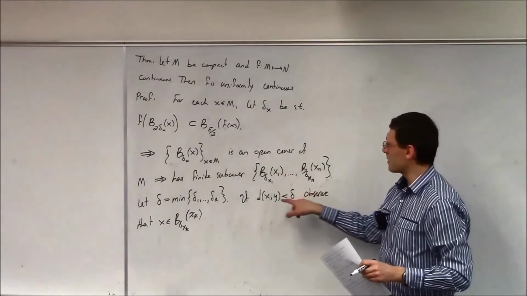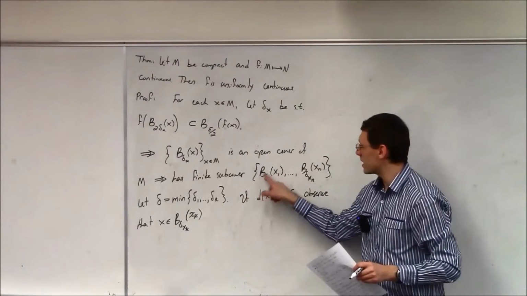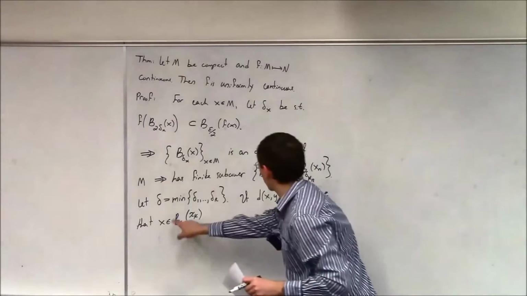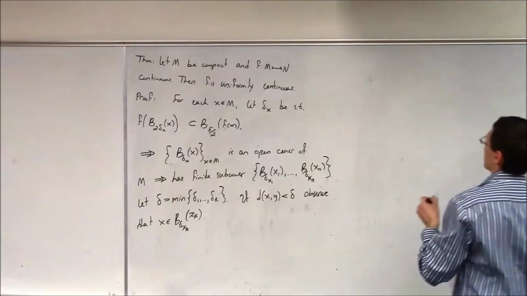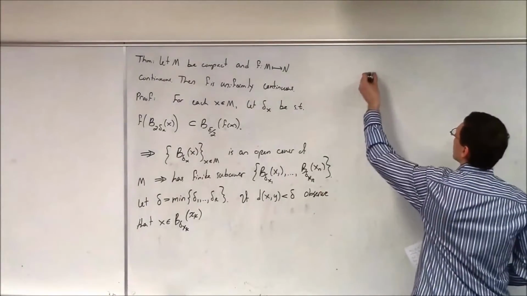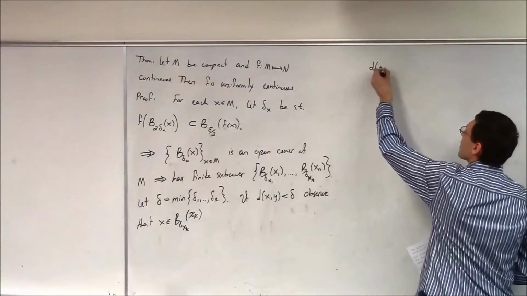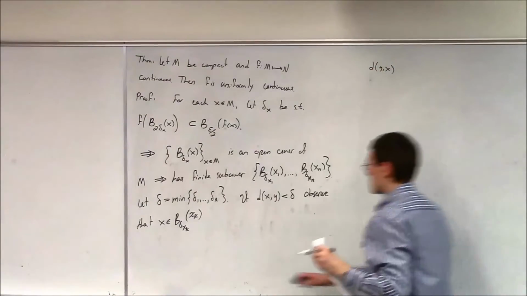This is an open cover, so every element belongs there. So my goal, first I know that x is somewhere, and then my goal is to see where is y. Y could potentially be in a different ball, correct? So that's the thing. So if x is there, I want to know how far is y away from xk.